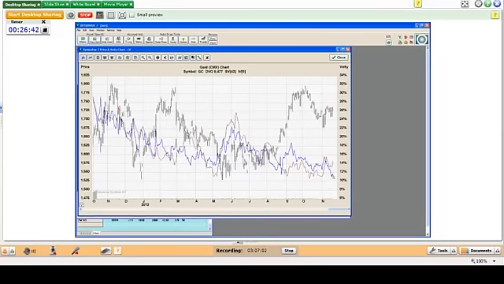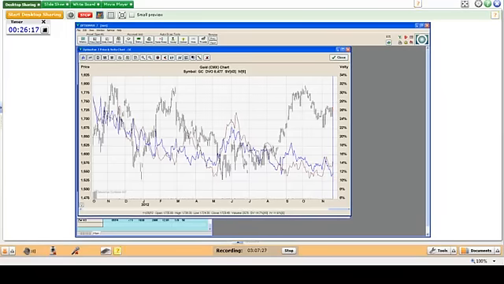The colored line I'd like you to look at right now is the blue line. You can see it's very jagged in its behavior, and that is a reading of implied volatility for all of the gold options as a composite for various points in time. Whatever date you happen to highlight, you can get a reading for what gold implied volatility is.